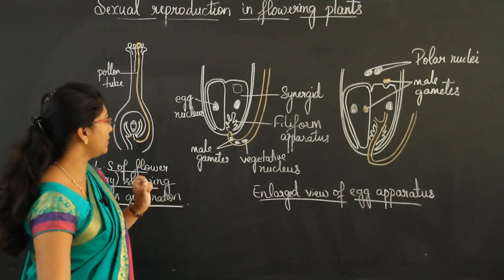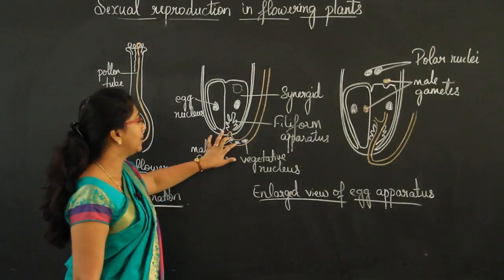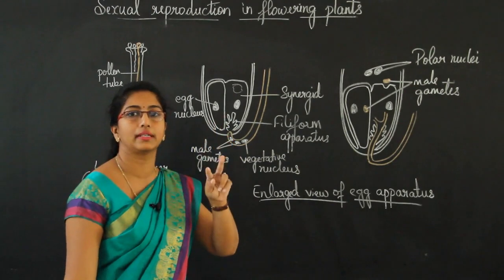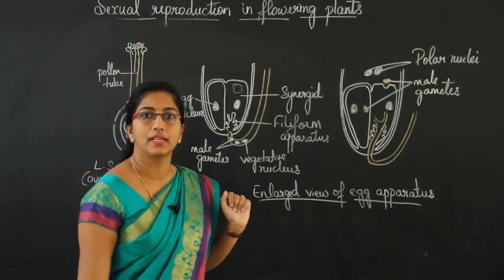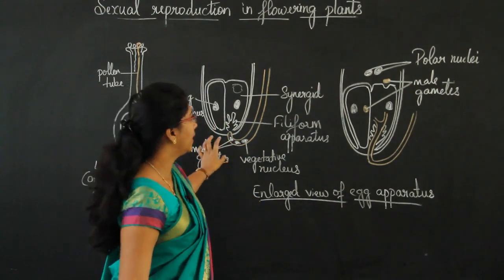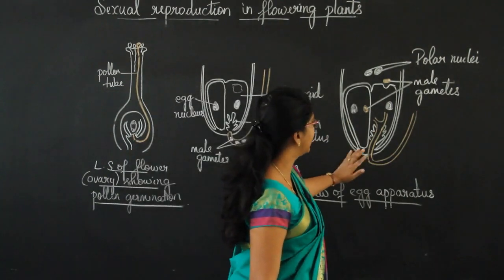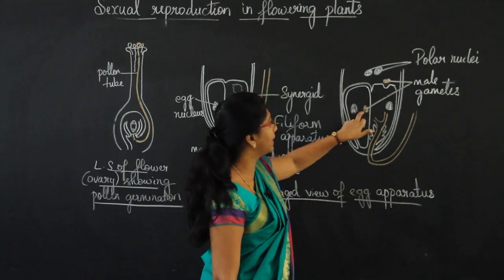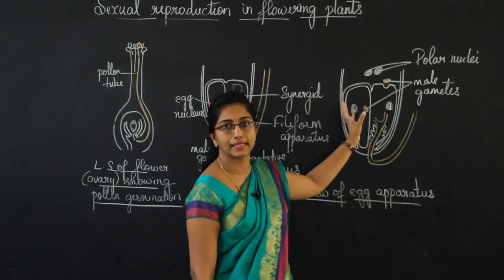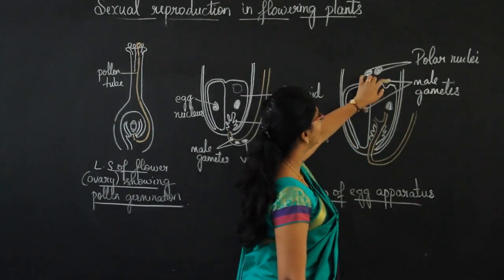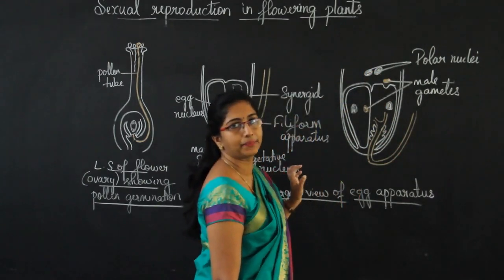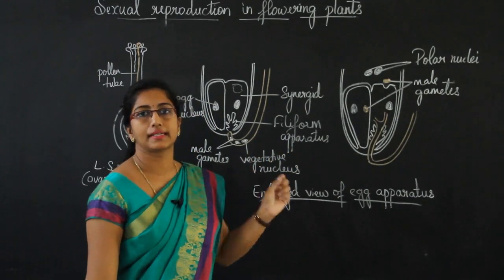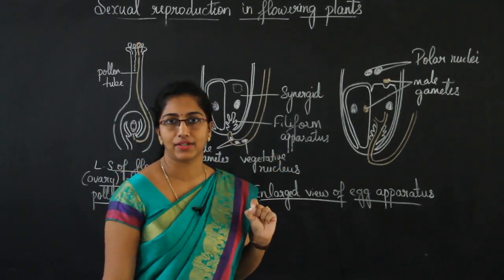Here you will see 2 male gametes, which are nothing but the nuclei of the generative cell. In the third diagram you can see the release of male gametes. One male gamete will be moving towards the egg cell, and one more will be moving towards the central cell. All these events together we call pollen pistil interaction.